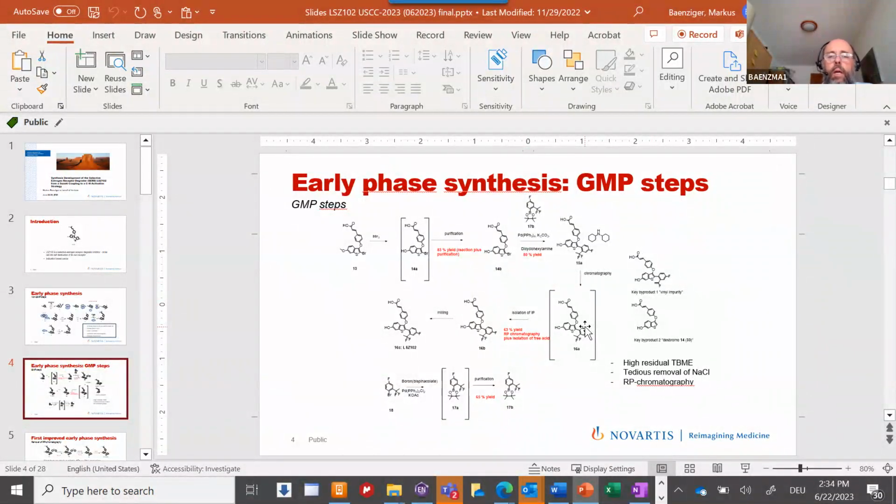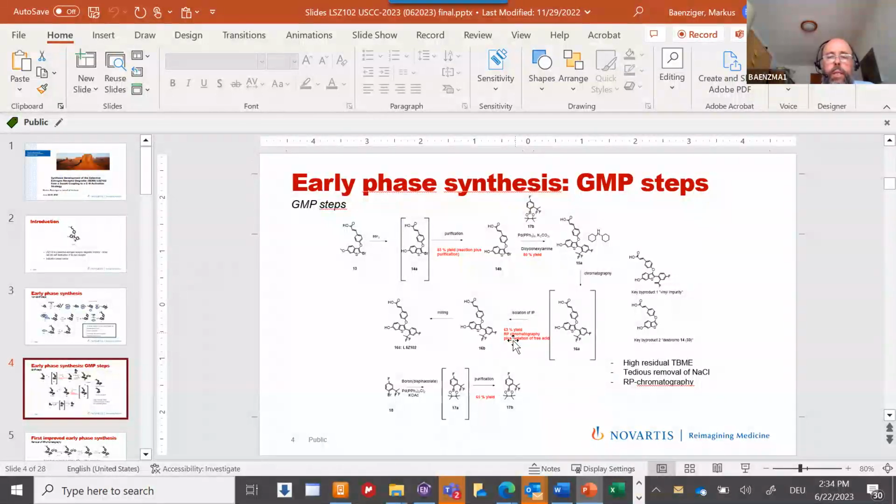in the first GMP synthesis, we had to do a column chromatography on reversed phase. This was very tedious. The drug substance was then isolated as the free acid just by pH: first basification with sodium hydroxide, so it was in the water phase, and then acidification with HCl. However, we still had residual TBME above the levels of tolerance, and sodium chloride was also incorporated.